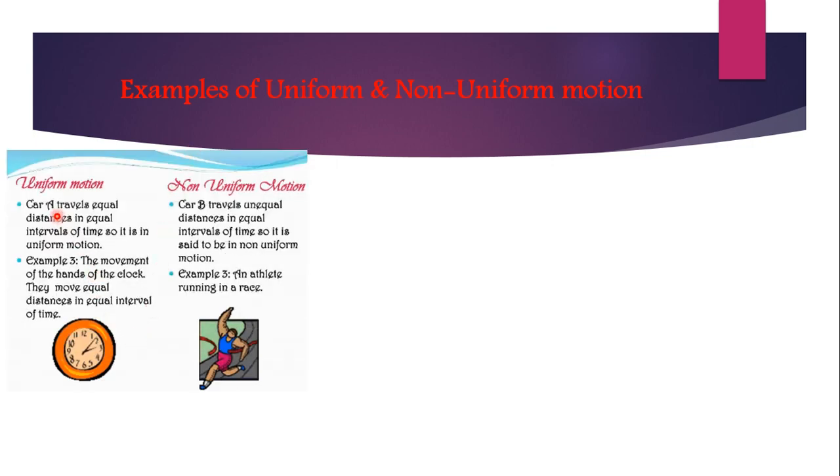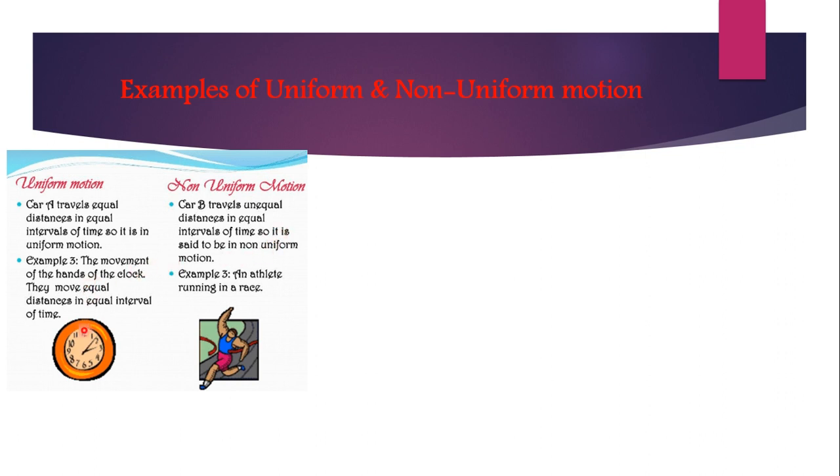Let's say a car A travels equal distances in equal intervals of time, so that motion of the car will be an example of uniform motion. And if another car B travels unequal distances in equal intervals of time, that is an example of non-uniform motion.